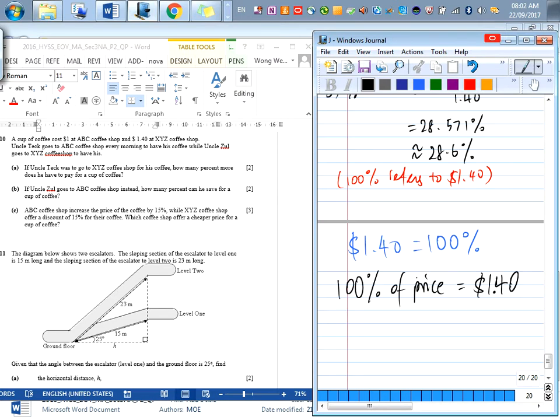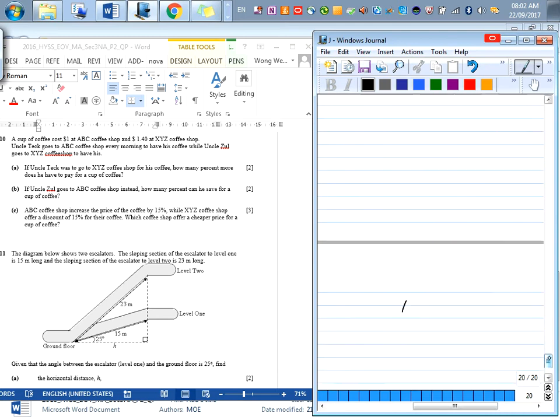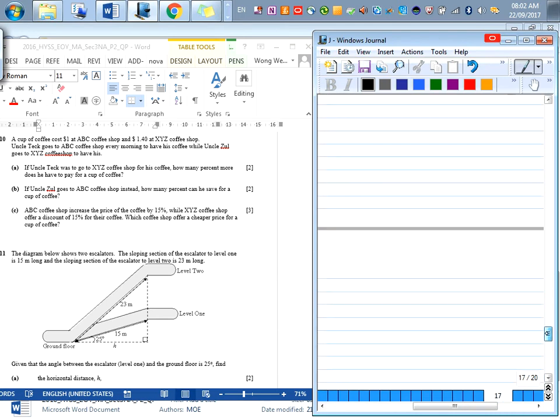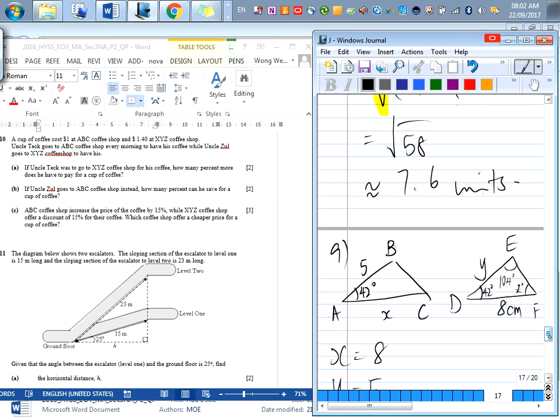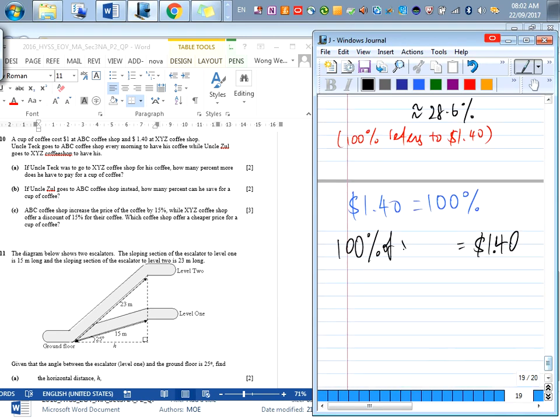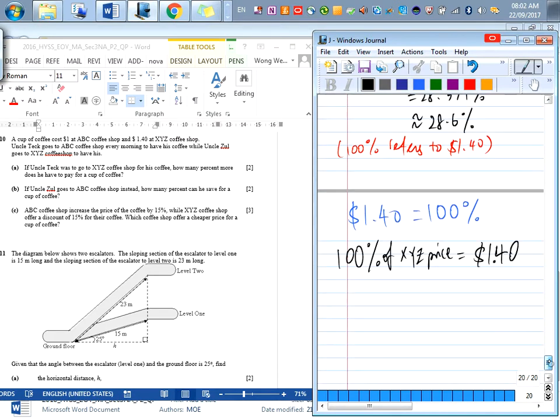This is $1 of 100% of XYZ price. Does this make sense? This statement. 100% of the XYZ price is $1.40. So, how much are we looking for now? Percentage decrease, right? 40% of XYZ.